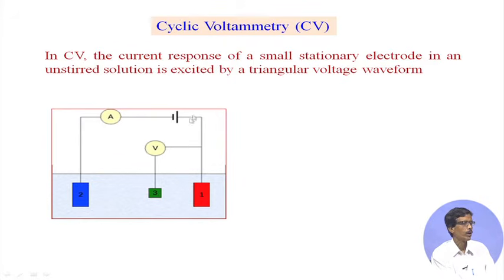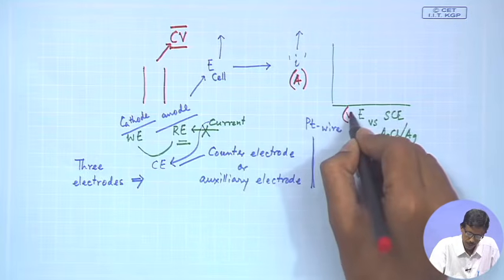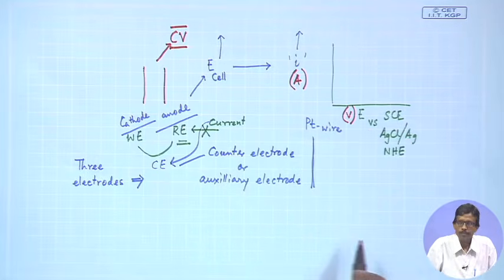That means you require the voltage from an external source. As the diagram tells, this is A and V, and do not forget that current is nothing but your A, and V is your potential.